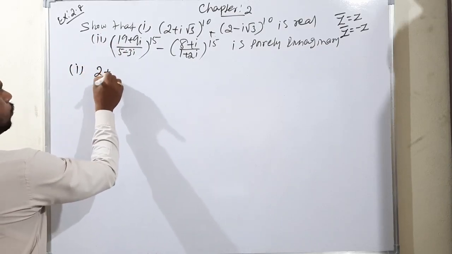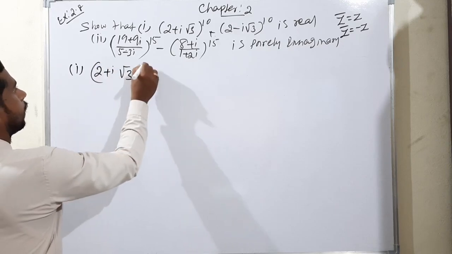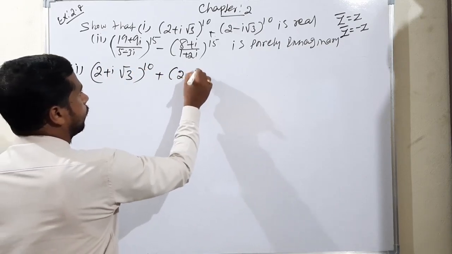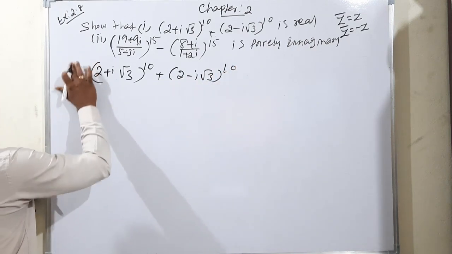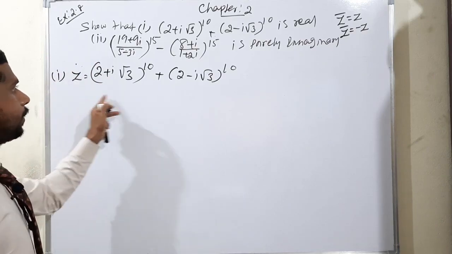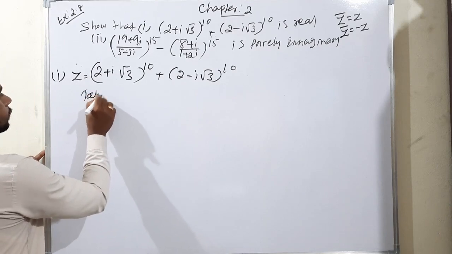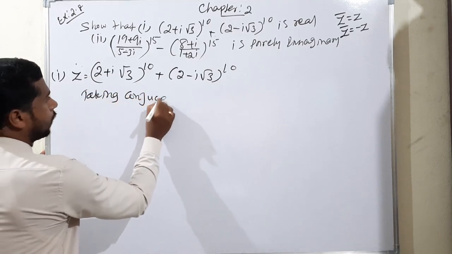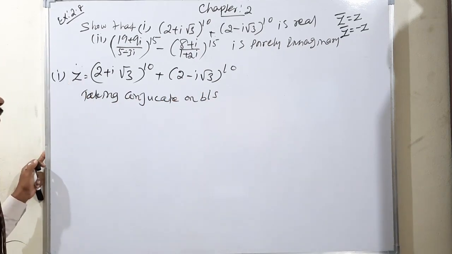The question is (2 plus i root 3) the whole power 10, plus (2 minus i root 3) the whole power 10. This is considered as Z. In subdivision 1, taking conjugate on both sides, what will happen?